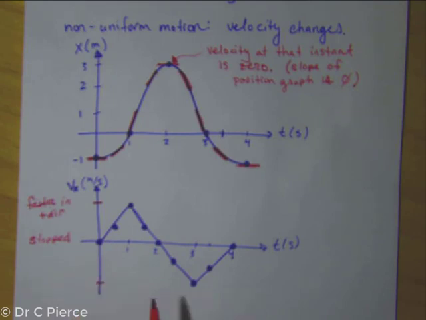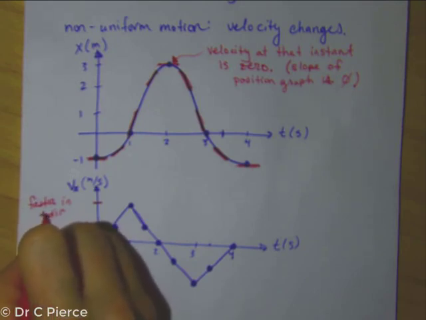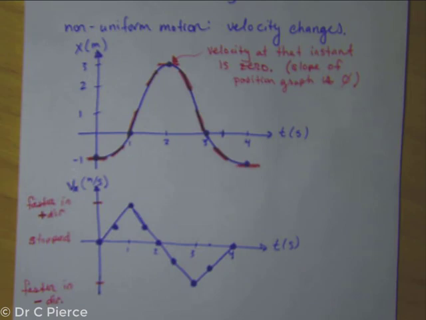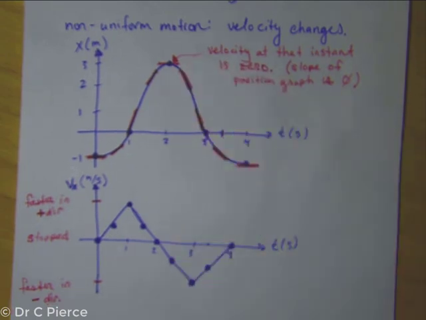And this was faster in the negative direction. So these two graphs represent the exact same object doing the exact same thing, just looking at it in completely different ways.